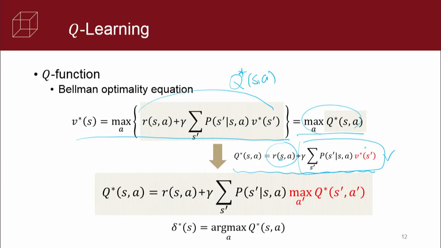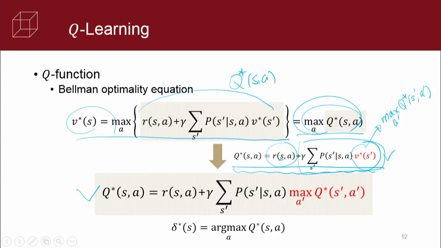So this part can be rewritten as the maximum over A prime of Q star of S prime, A prime, right? If we use this relationship, I can update this, and then we can finally derive this recursive property of Q star as well. So this recursive equation will be used as the basis for the Q learning algorithm.